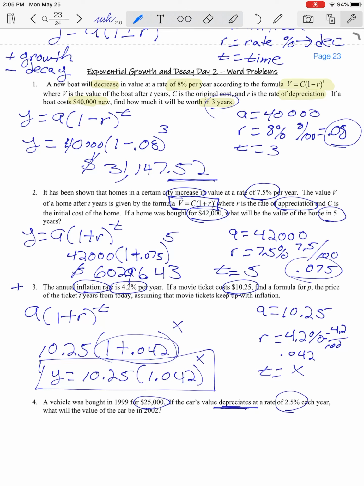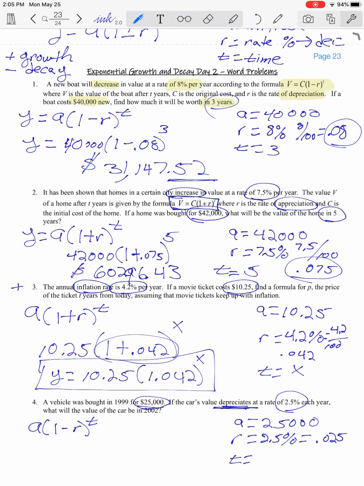So I know depreciates goes down, so I'm going to use my minus. Then I label my initial. What does this car start at? 25,000. My rate is my percent. 2.5% divided by 100, I get 0.025.